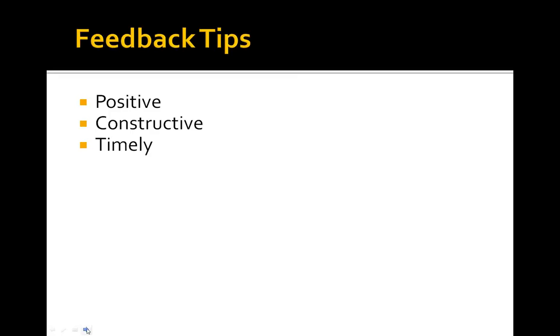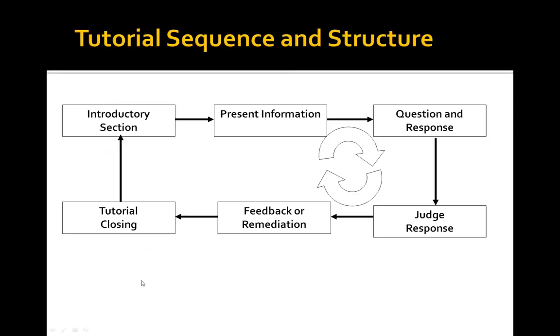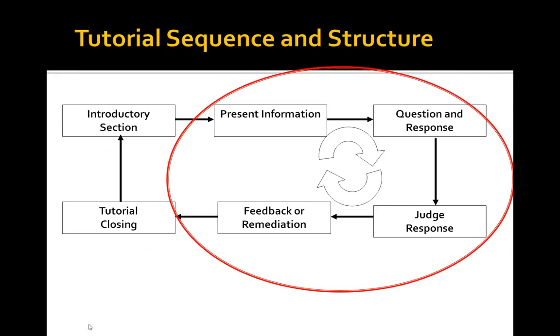Examples that you don't want to use include wrong, incorrect, or no, that's not it. But maybe something like, no, the correct answer is George Washington, or incorrect, the notes on the treble clef are EGBDF. And finally, immediate feedback generally works best, so you want your feedback to be timely.